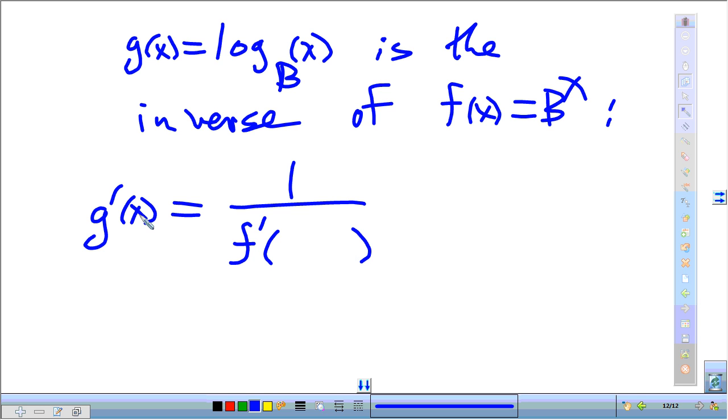So the derivative of g is the reciprocal of the derivative of f, but f has to be evaluated at g of x.